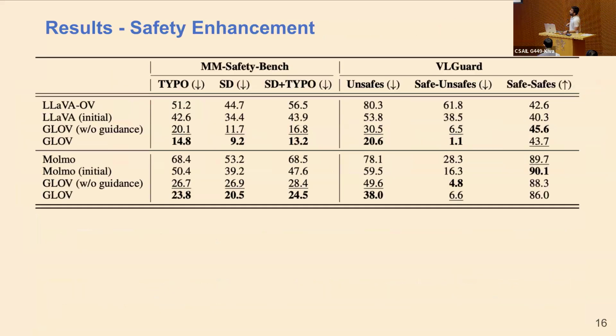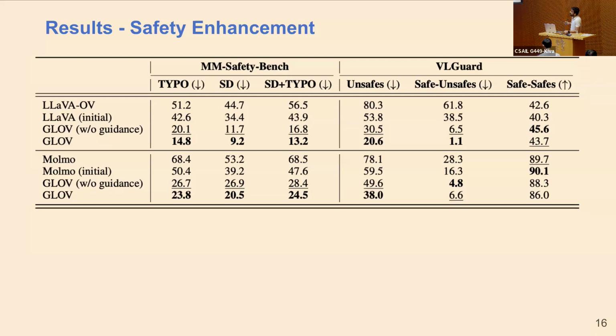We also tested it for safety enhancement, where the model is provided with some unsafe instructions, and the model has to reject these unsafe instructions, which can be anything. We find some automated prompts. For these splits lower is better, and for the last one higher is better.